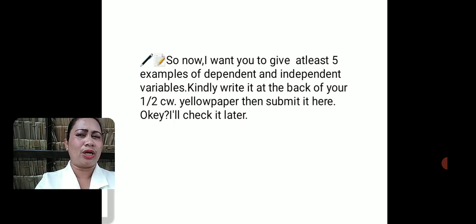I want you to individually give five examples each of dependent and independent variables in your own idea. I want you to get a one-half crosswise sheet of paper, then submit it later.